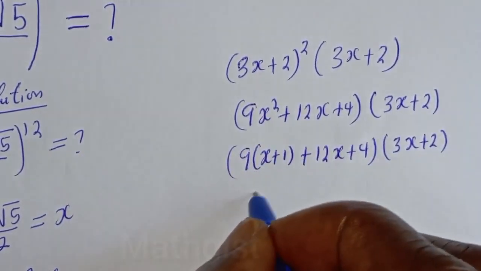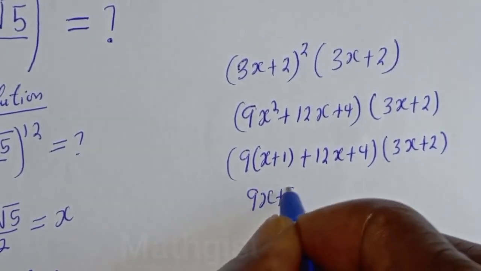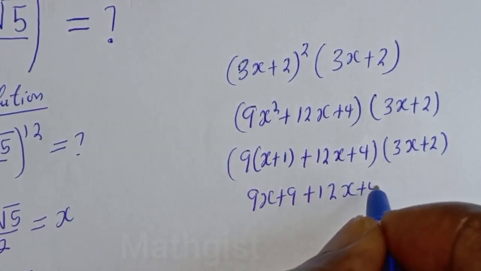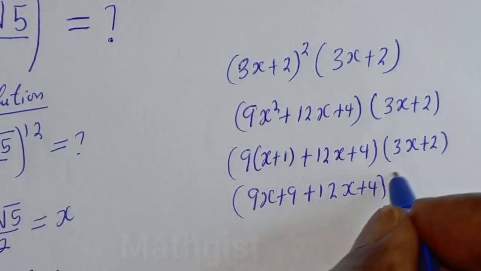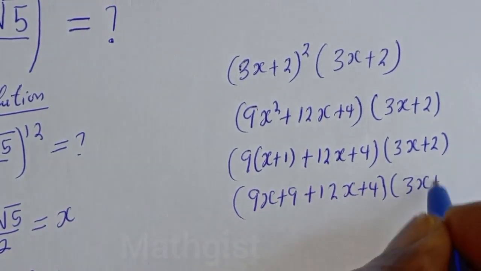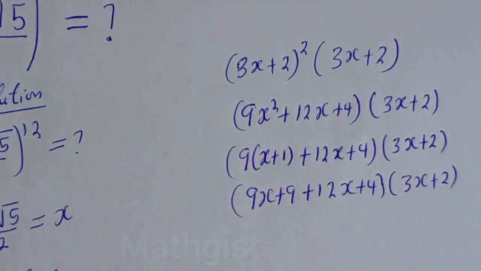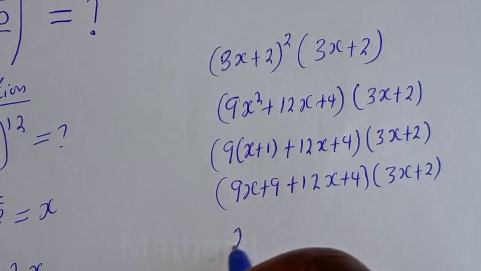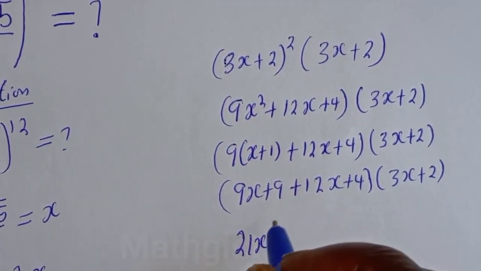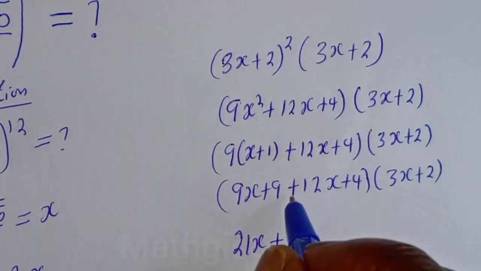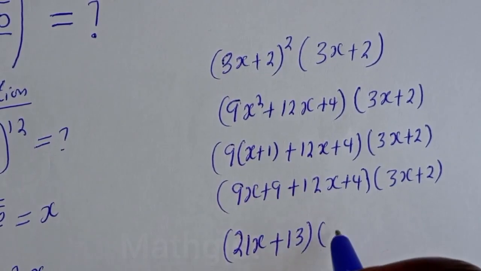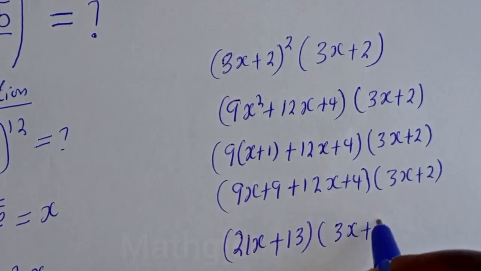Then this is 9x plus 9 plus 12x plus 4, multiplied by 3x plus 2. And let's see, 9x plus 12x is 21x, plus 9 plus 4, 13, multiplied by 3x plus 2.